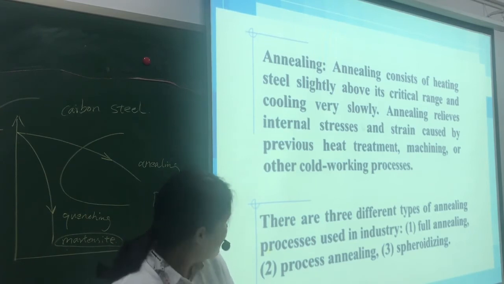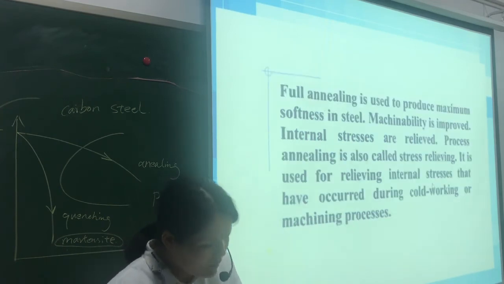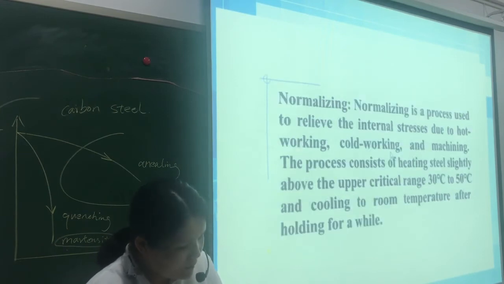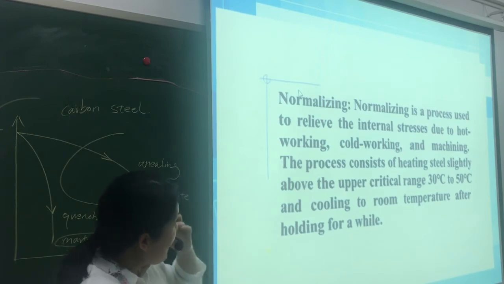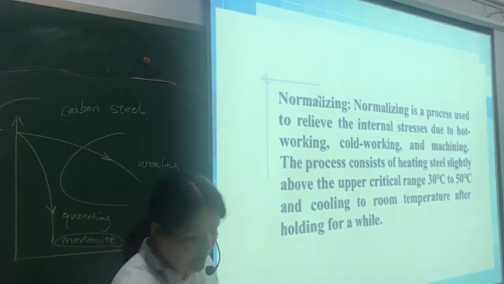There are some different types of annealing: full annealing, process annealing, and spheroidizing. Normalizing: the cooling rate of normalizing is higher than annealing.